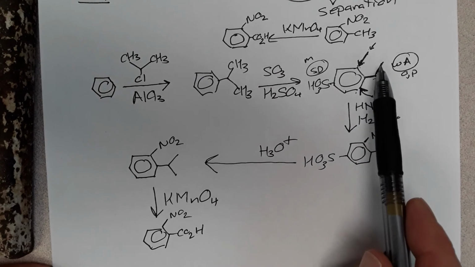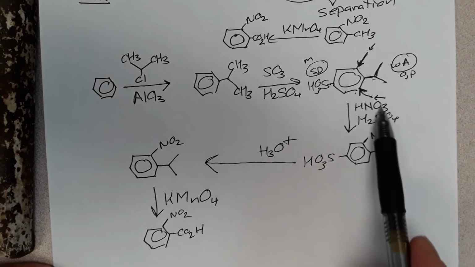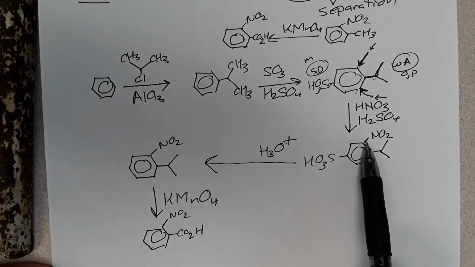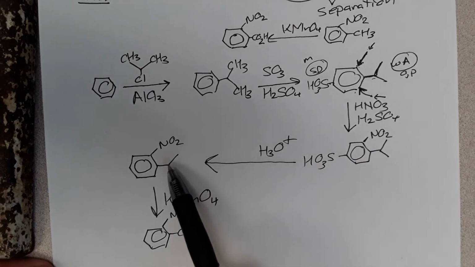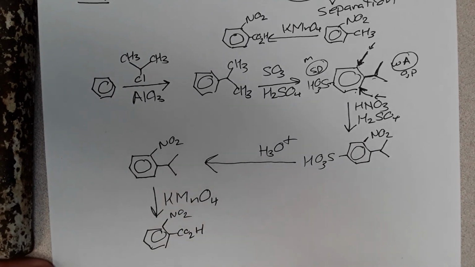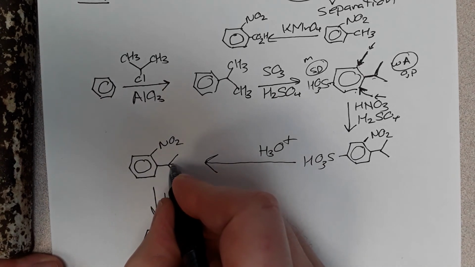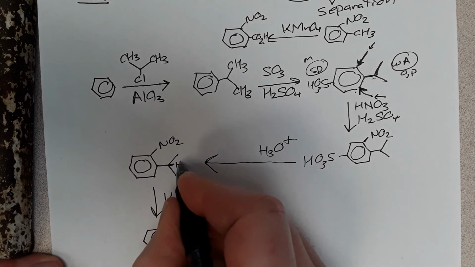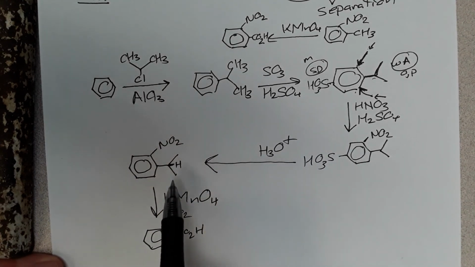That's being directed there by both groups, so they're working together. It's only one position, and then we can get rid of the sulfonic acid and convert our group into a carboxylic acid. And just remember that when you are doing an oxidation of an alkyl group, there has to be a hydrogen on there.